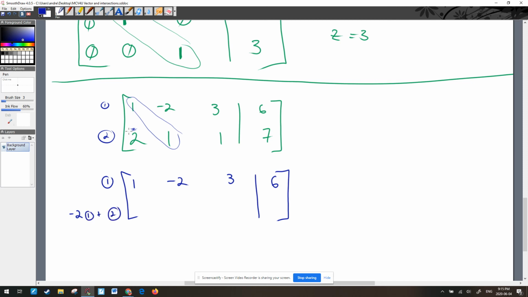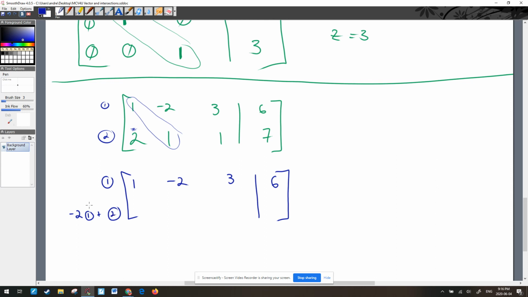So I'm going to take the first row, multiply it by -2, and then add that to row 2, because I can replace a row with the sum or difference of any other row. Okay, so if this was a third row, I couldn't take row 1 and row 2 and replace row 3. That's not how it works. You can only replace the sum or difference as long as the row you're replacing is included in the operation.